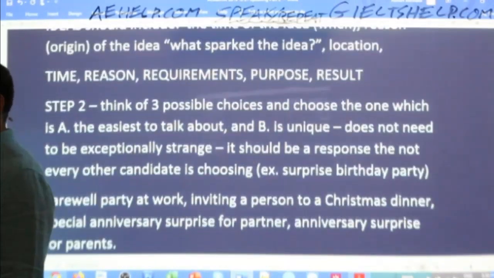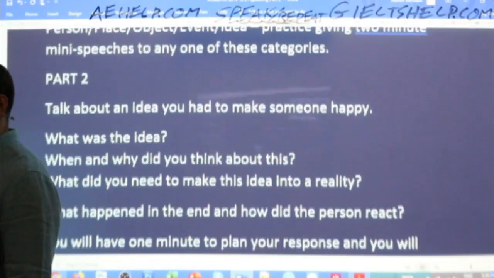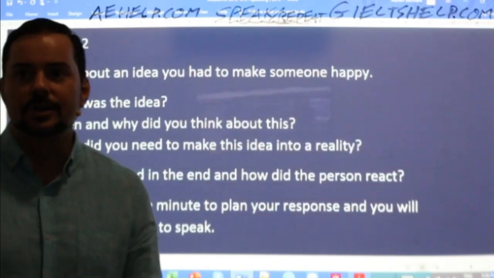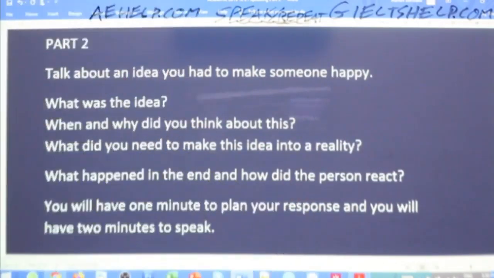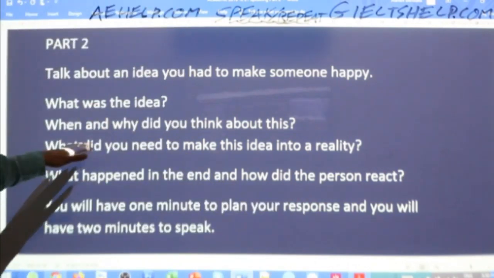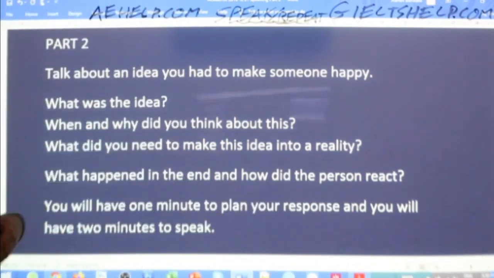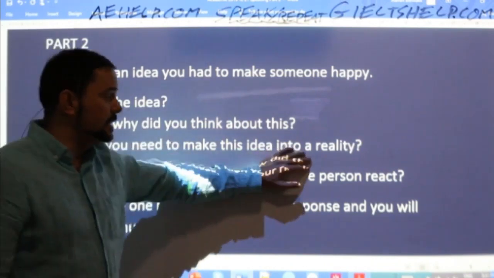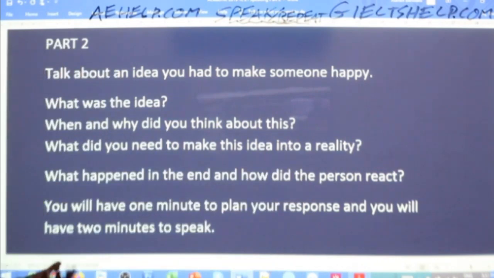Okay? So that's why the examiner gives you the card. They don't just show it to you, but they actually give it to you. You can hold on to it. You can look at it. Okay? So what was the idea? Did I answer that? Yeah. When and why did you think about this? Did I answer that? Yeah. What did you need to make this idea into a reality? Did I answer that?